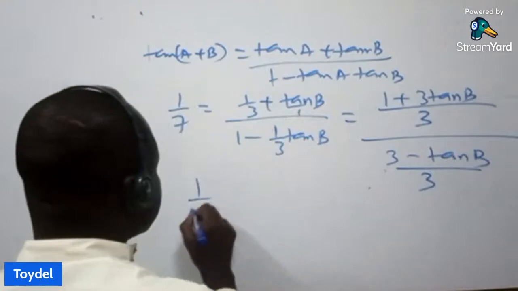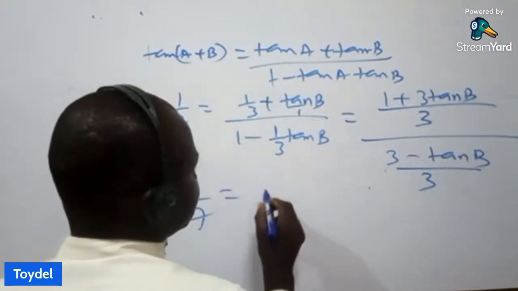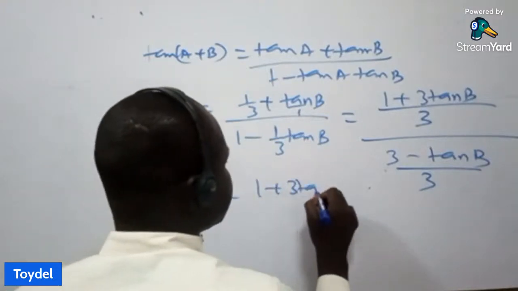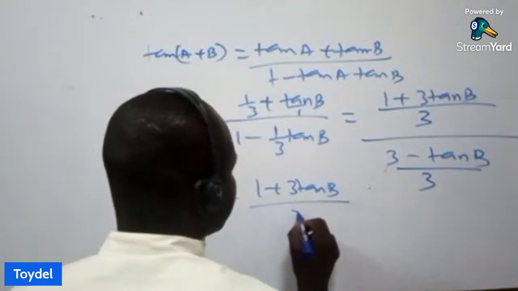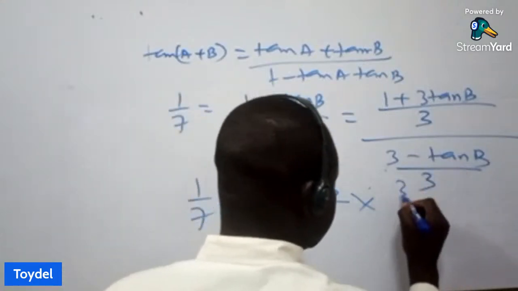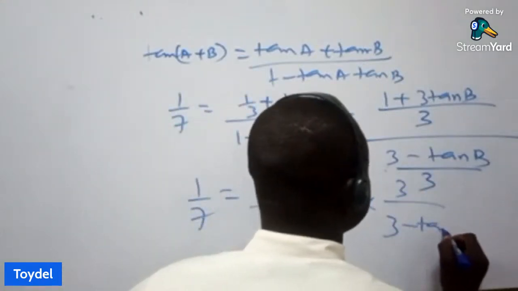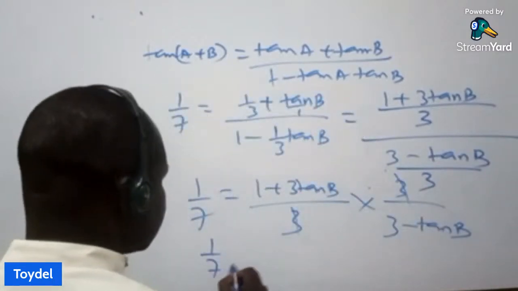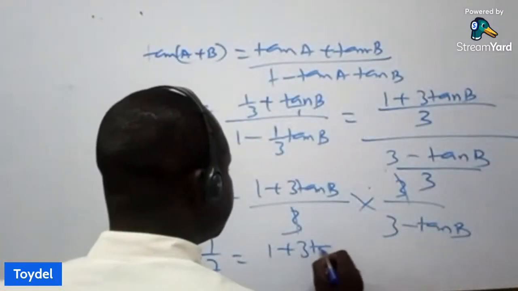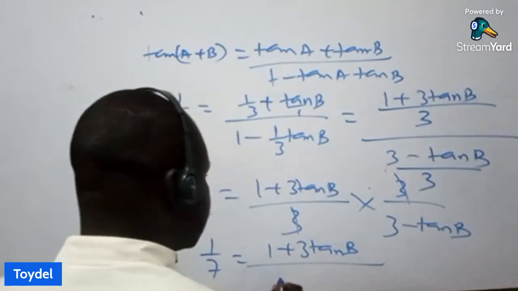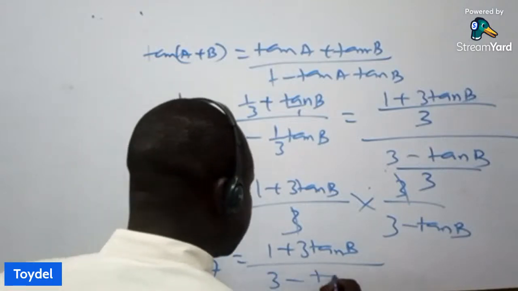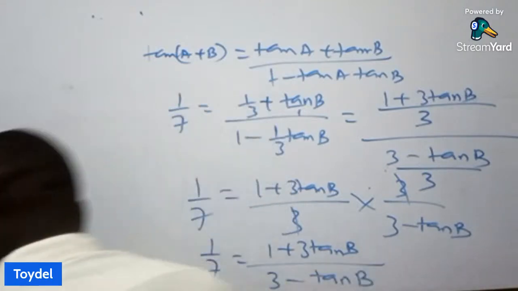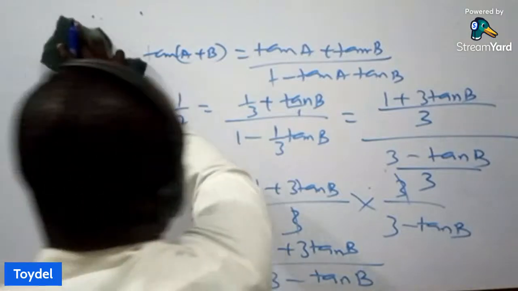So 1/7 will now be equal to (1 plus 3 tan B) over 3, multiplied by 3 over 3 minus tan B. That's what we are going to get. 3 will take care of 3. So we have 1/7 equal to (1 plus 3 tan B) all over (3 minus tan B). I made a mistake the other time. So this is what we get.